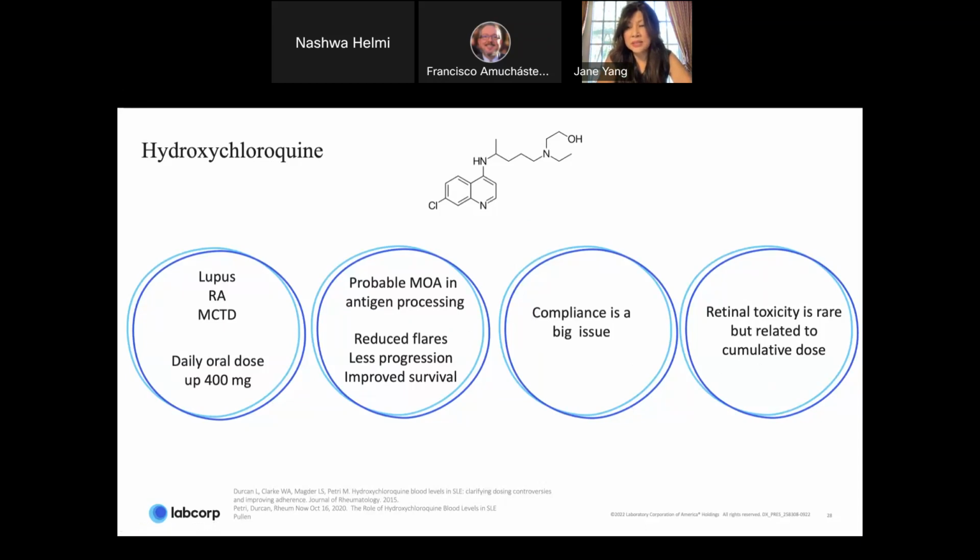There's an estimated incidence of retinopathy below 1% at 5 years, about 1% at 10 years, about 2% at 15 years, but it jumps up to almost 20% after 20 years of taking hydroxychloroquine every day. Other risk factors include advanced age, renal insufficiency, and a higher daily dose.